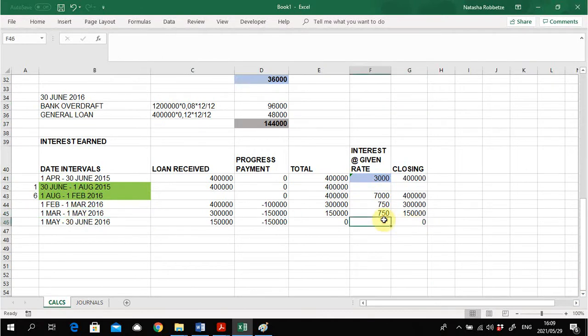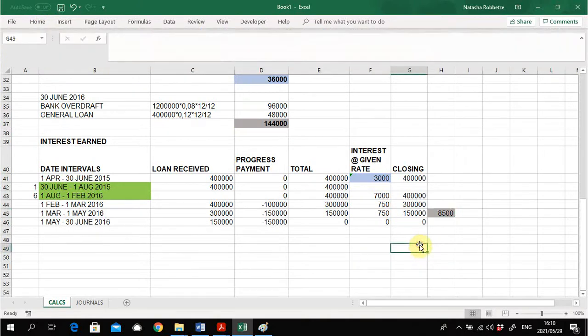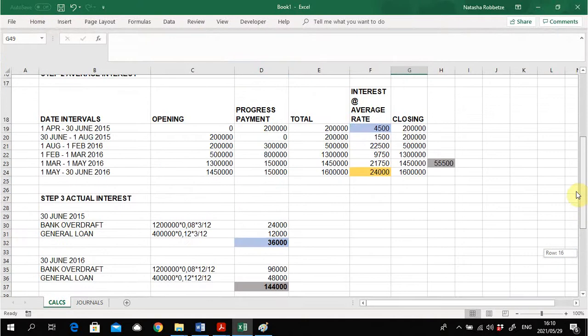And luckily there was no interest here in the last interval because we used the last money for a progress payment. So this is going to be the 7,000 plus the 750 and the 750. I'm just going to get the sum of those three. Thus, in gray, I'm going to have my 8,500. That is what I now need to account for.